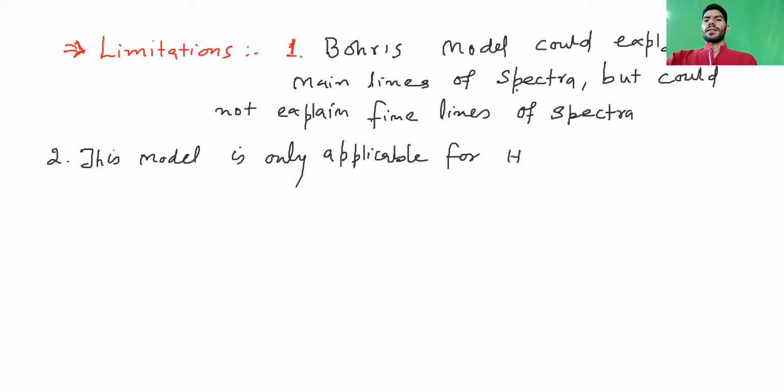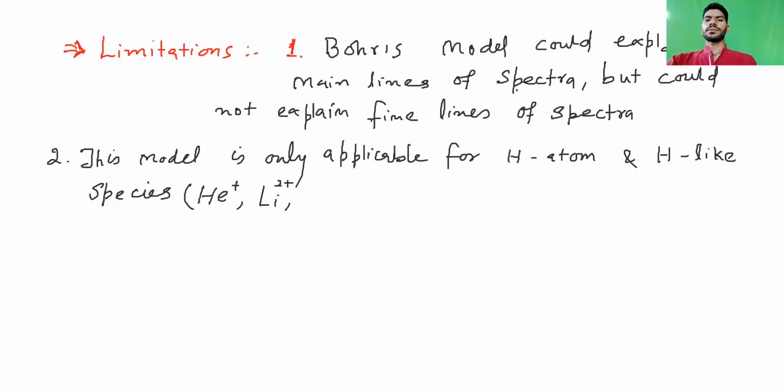What are hydrogen-like species? Those species which contain only one electron, just as I told in the questions: He positive, similarly Li2 positive, and beryllium 3 positive. All these have only one electron, so they are hydrogen-like species.